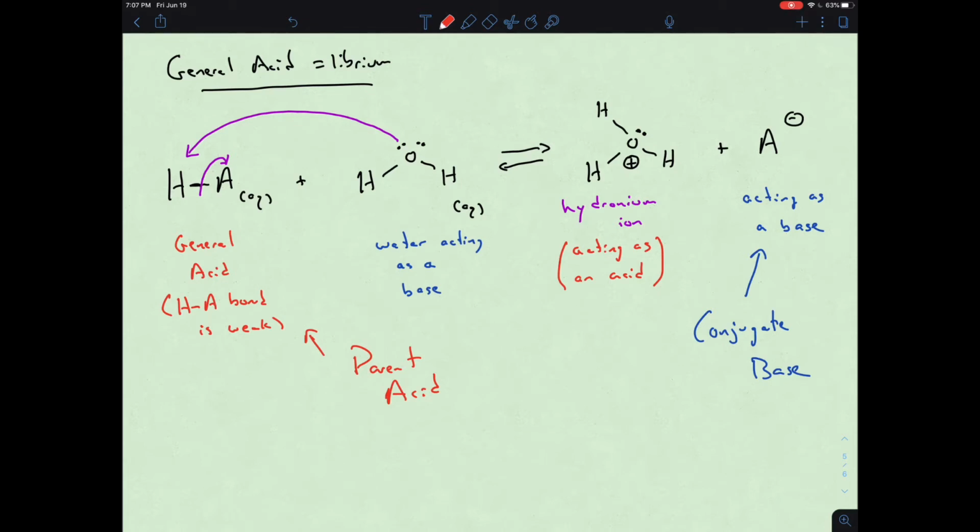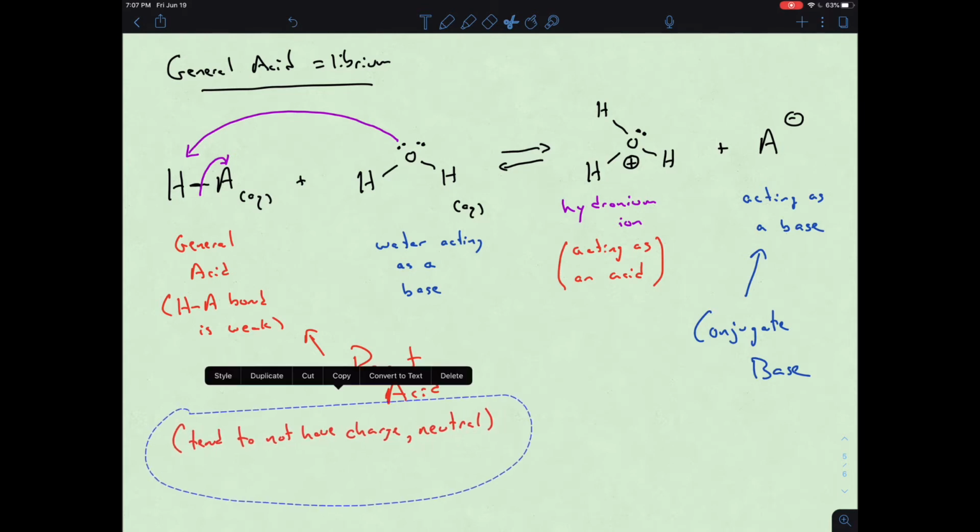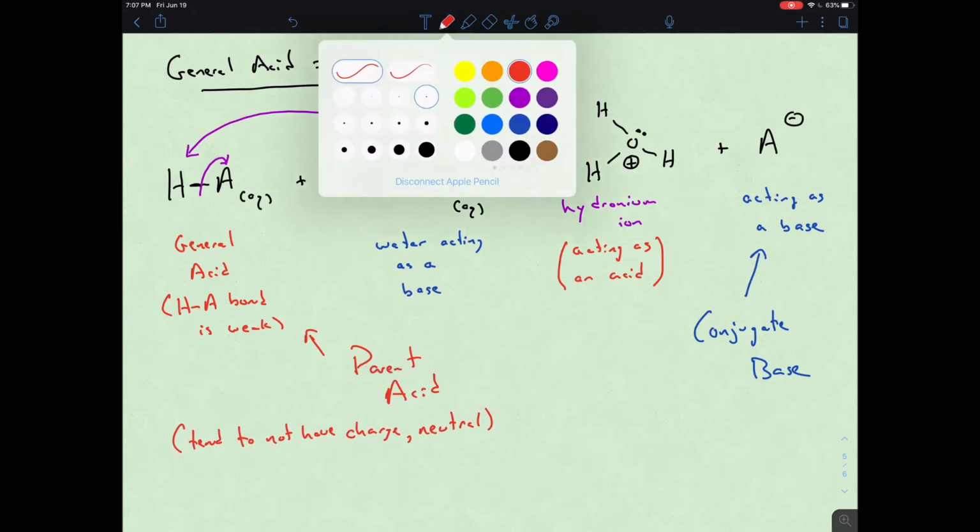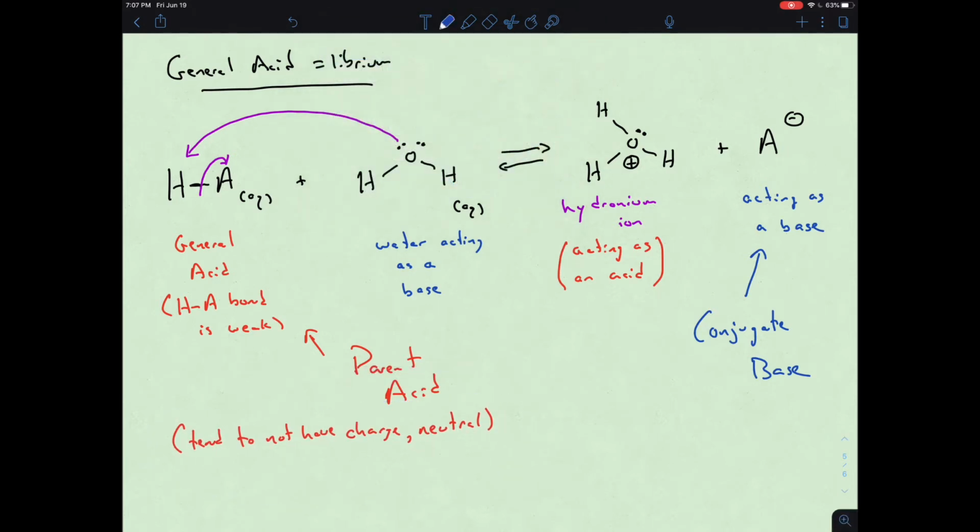In terms of general terms, parent acids tend to not have charge, meaning they're neutral. While on the conjugate side of things, we find that conjugates tend to have charge.